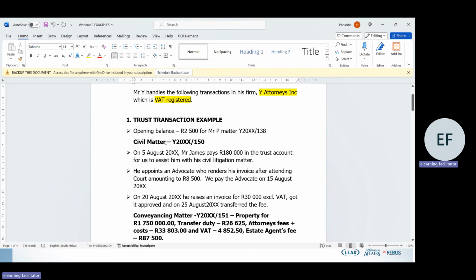Already we are given information from the beginning, so we need to show how to record that. Okay, I am going to stop sharing, and then I am going to share our Word document side by side with our Excel worksheet, where we are going to post these transactions.